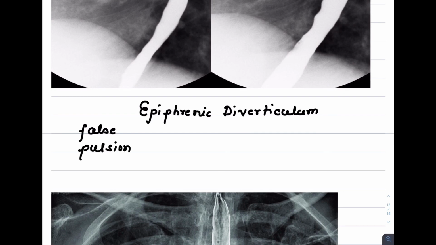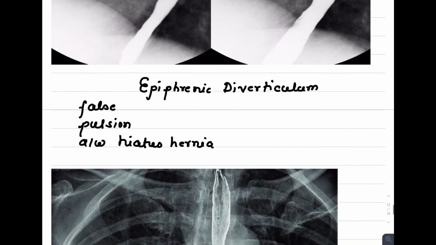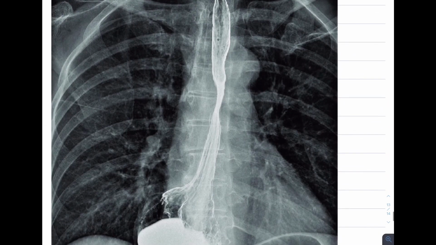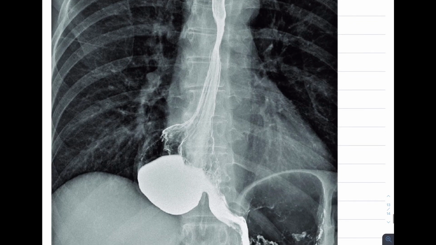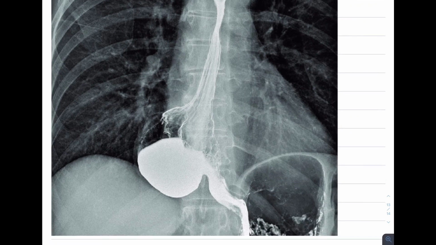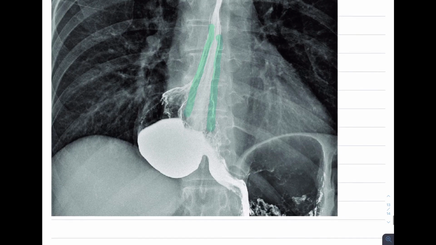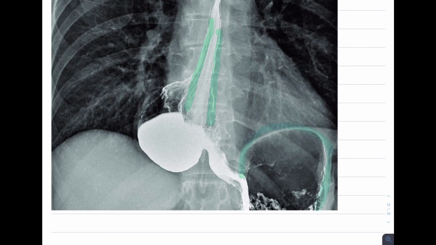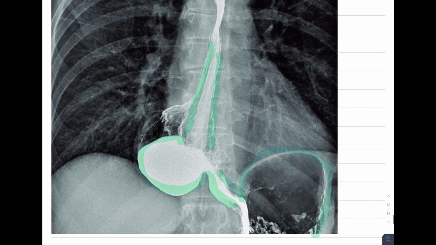Pulsion because they are due to excessive pressure, and they are associated with hiatus hernia. So this is all about epiphrenic diverticulum. It is not that important. Just remember its image. You can see in the lower part of the esophagus there is a big protrusion. This is the stomach and this is the diverticulum.